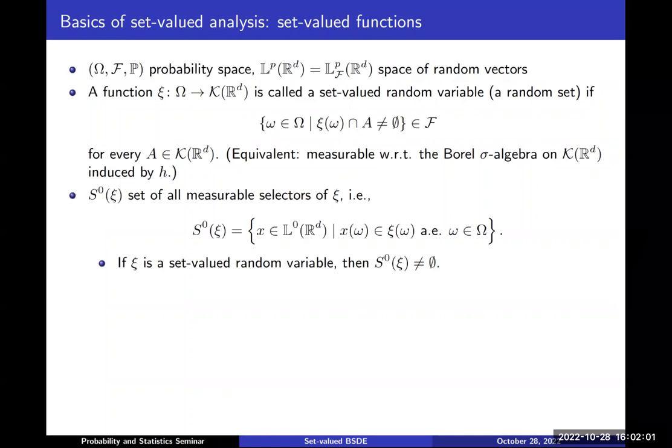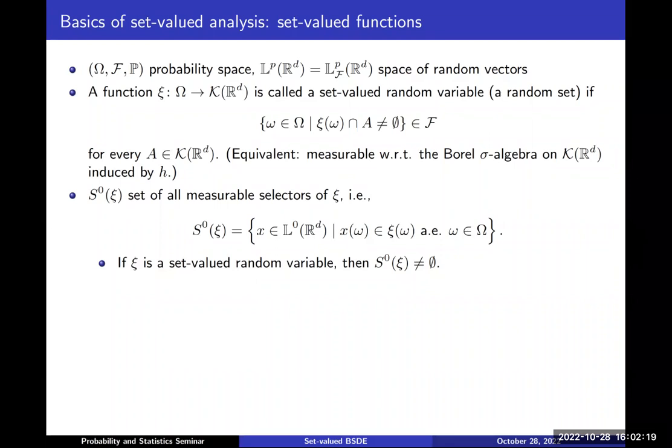And once you have such a multifunction, you might try to relate it to what you already know, which is random vectors. So do I have a random vector which is always inside my random set? I have a C of omega, which is a random set here.